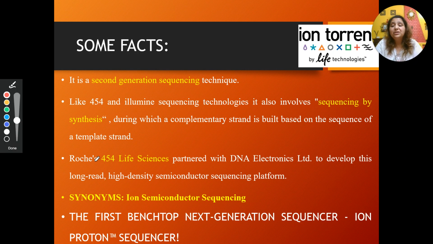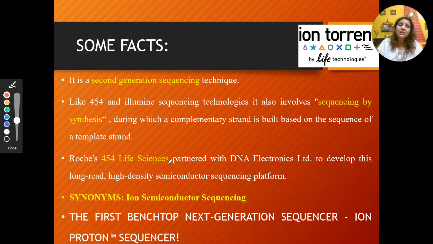So that is why I have written over here that Roche 454 sequencing life sciences partnered with DNA Electronics Limited and Ion Torrent Limited, leading to the development of this new sequencing technique called the Ion Torrent sequencing technique. Therefore, you would not be surprised to find in this presentation that some of the steps during the Ion Torrent sequencing are almost similar to what was found in case of the 454 sequencing.